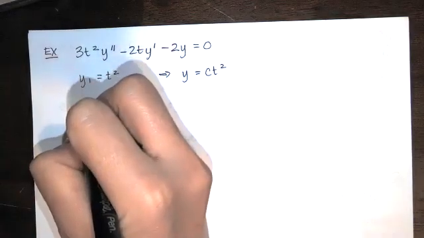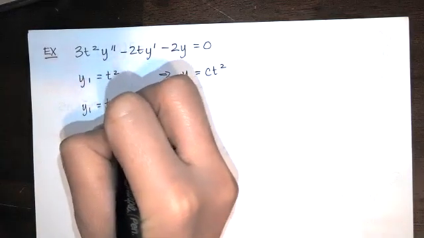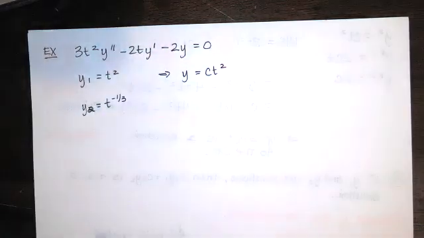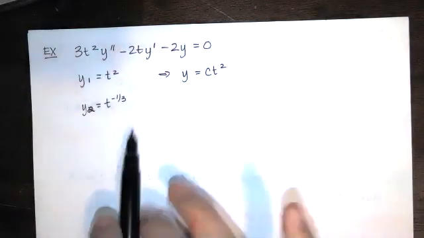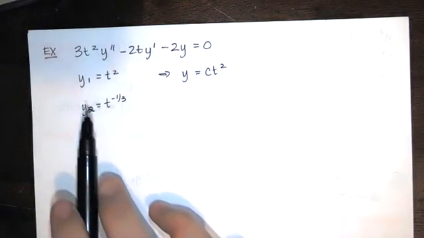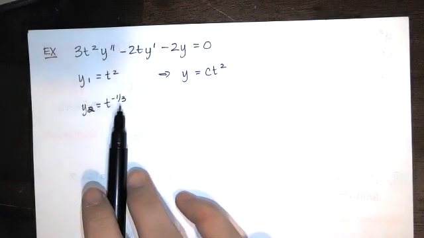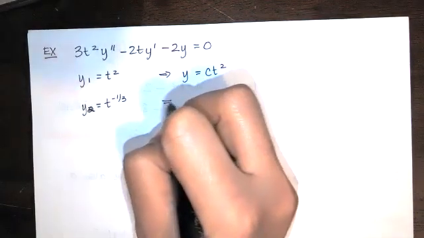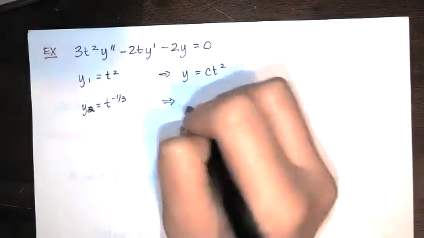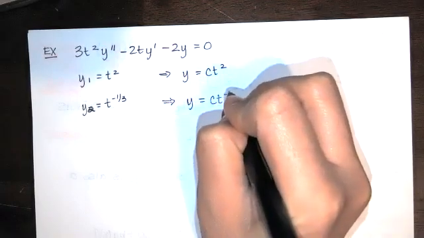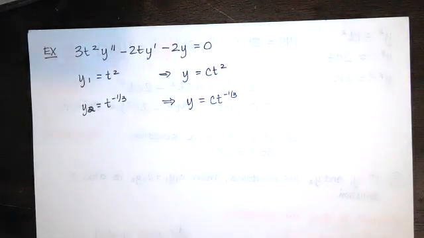It turns out that y2, excuse me, I'll call it y2, y2 equals t to the negative 1/3 also works. If you're not sure, you should take the second derivative, plug it in, and show that you get 0. Well, if y2 equals t to the negative 1/3 is a solution, then from our second fact, y equals c times t to the negative 1/3 will also work.